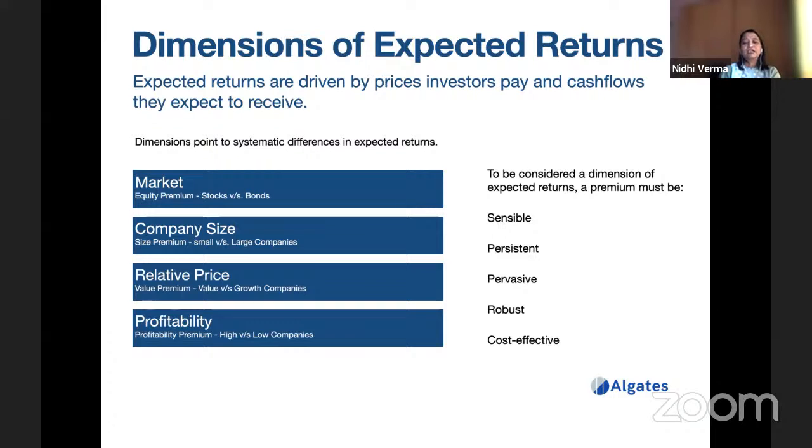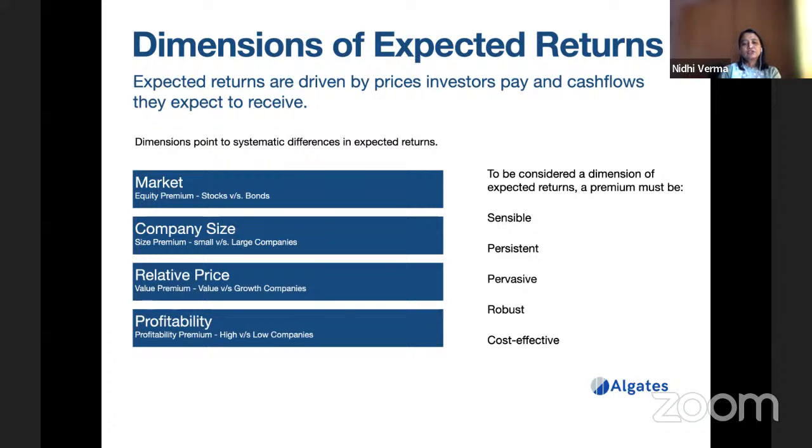And then the last point of course is profitability. So this is the ultimate thing which drives the price of any company's stock. So high profitability companies of course will be able to give you higher returns in future, higher expected returns in future.